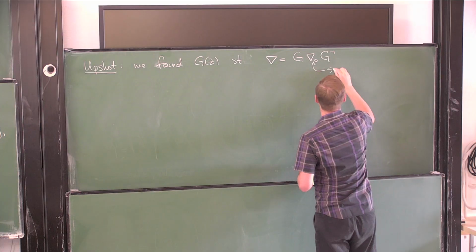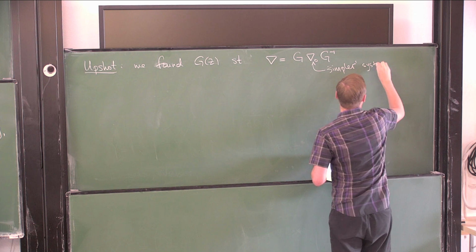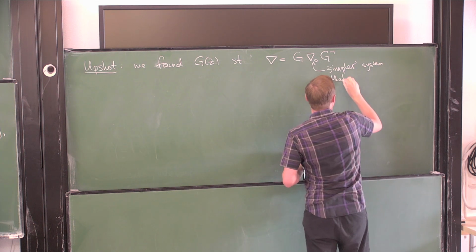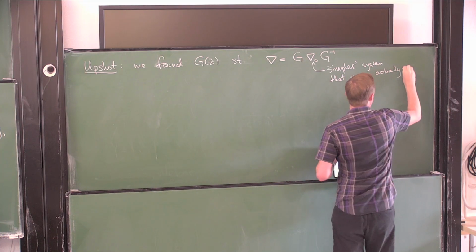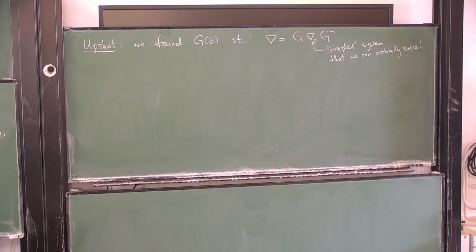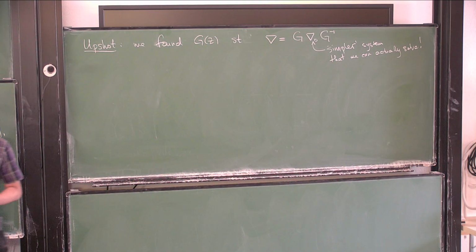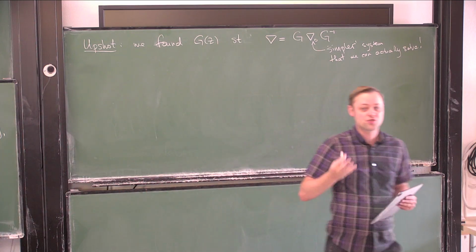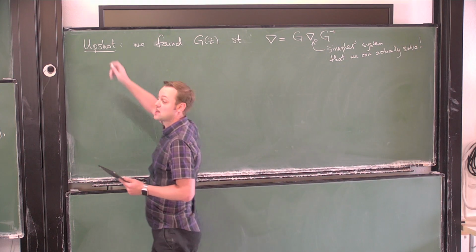This is the simplest system that we can actually solve. Somehow this is always the name of the game. You're faced with a system, and your strategy is to apply transformations of this type. We call them gauge transformations. So apply gauge transformations in order to simplify the system as much as possible to a form which we can actually say something about.